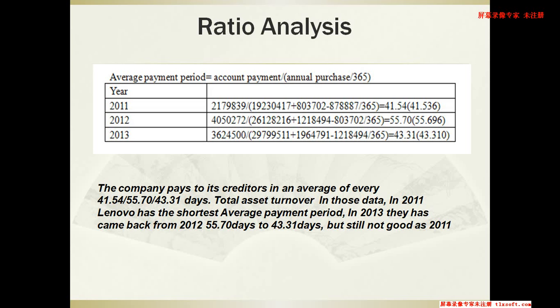In this data, we can find out that in 2011, Lenovo had the shortest average payment period. In 2013, it came back from 2012, from 15.7 days to 43.31 days, but it was still not as good as 2011.